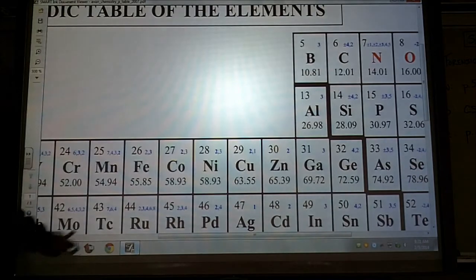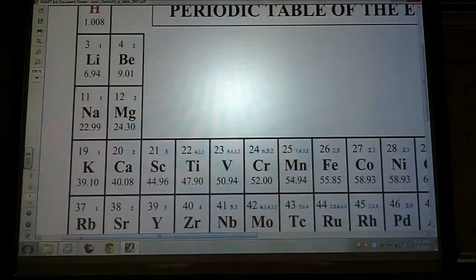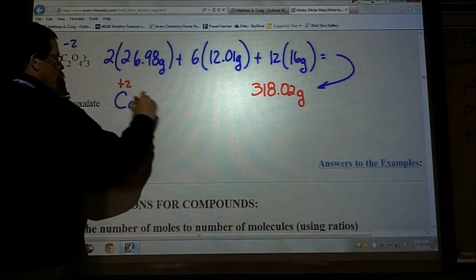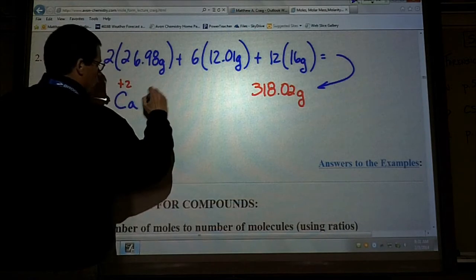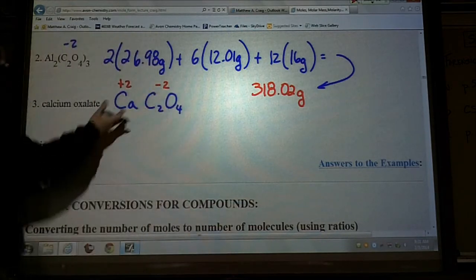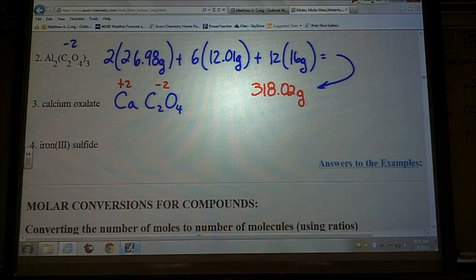Your periodic table, don't guess. That's why you have it in front of you. +2. Don't guess. There's no reason to guess on something like that. So if the oxalate is C2O4 and has a -2 charge, is that balanced as written? Yes. Good. So you still get to balance.